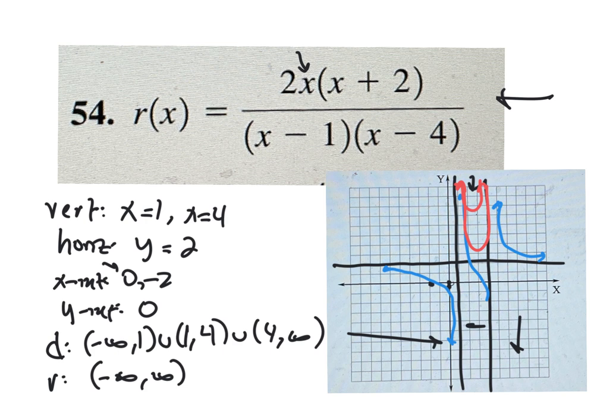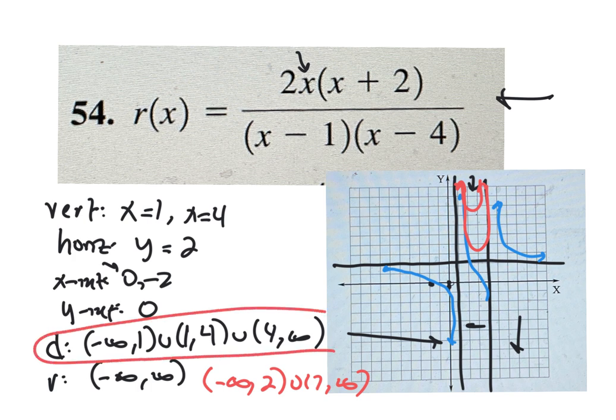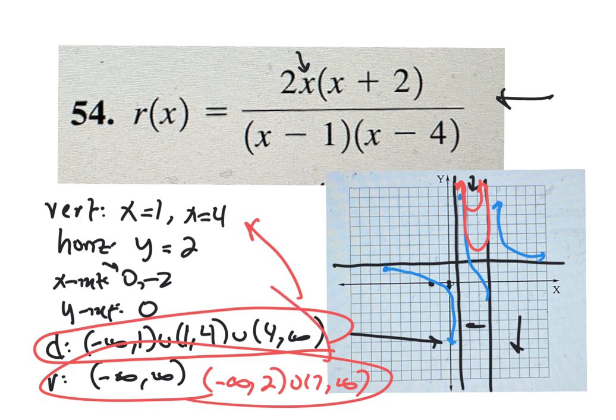It may be something like negative infinity up to 2, and then at 2, it jumps to the horizontal. Usually your domain is going to have the same numbers as your vertical, and your range usually is going to have the same numbers as your horizontal. Not every time, because in that situation I can't see the graph, but almost all the time.